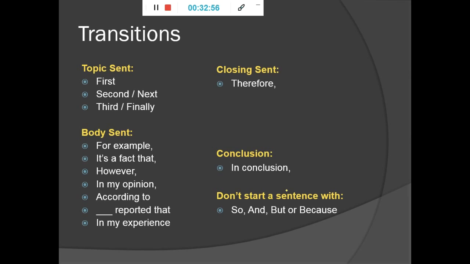What could we use for and? You can start a sentence with also or in addition. Instead of but, we can use however. And when you want to write a sentence with because, it has to be in the middle of a sentence because it's a conjunction. So you need a clause before because and a clause after because.